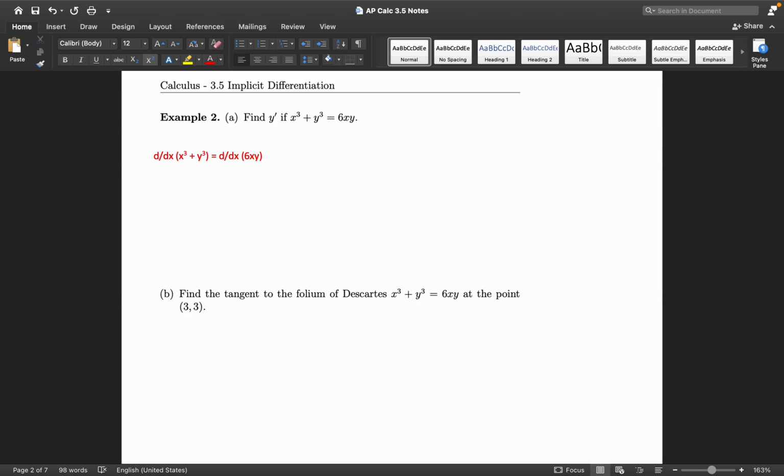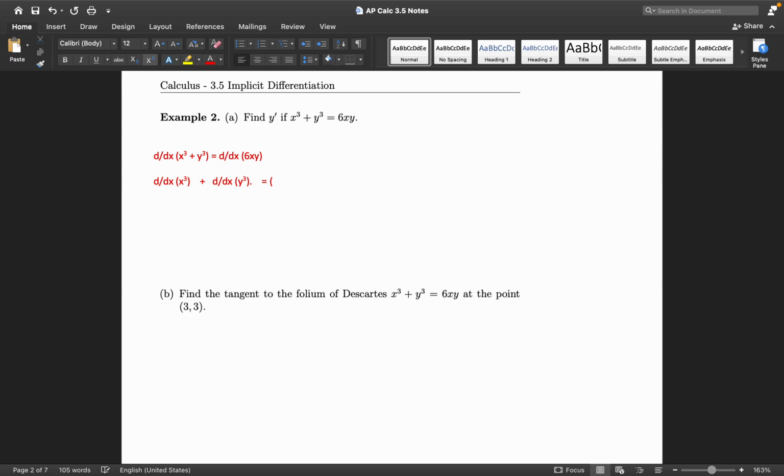All right, so what do we do here? We take the derivative of each part, and the derivative of 6xy, it's a product rule, if you remember that.